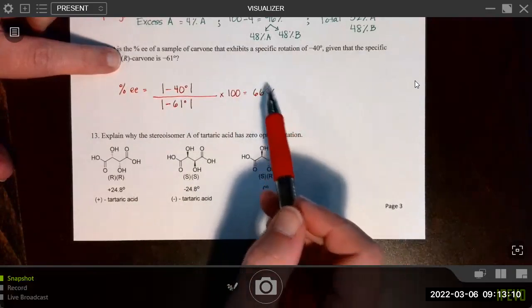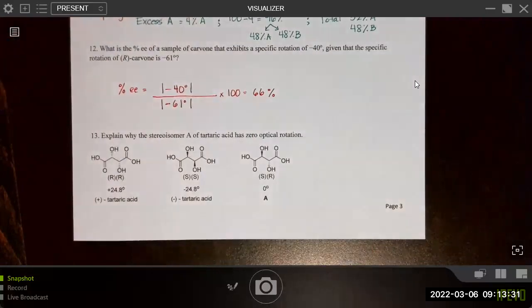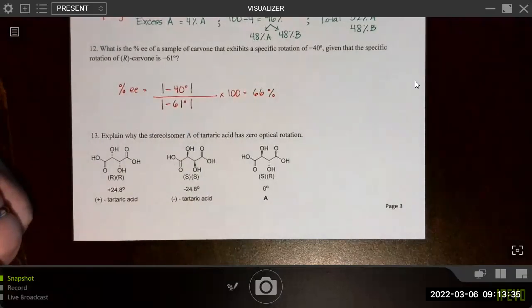So the other amount, 100 minus 66, would be 34. 34 divided by 2 is 17. So we'd have 17% S and, I do this math in my head, 83% R. It didn't ask us to do that though, so I'll just leave it off of the answer key.